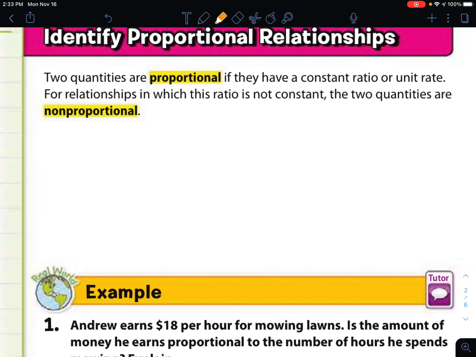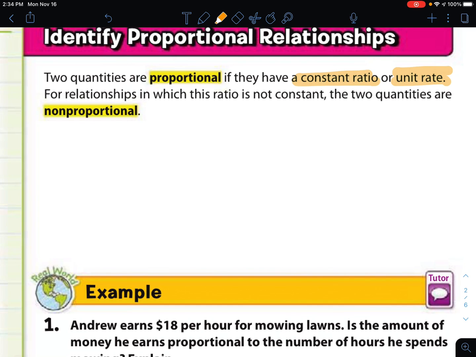Again, take a look at this. Two quantities are proportional if they have a constant ratio or a unit rate. If they have a constant ratio or unit rate, two quantities are said to be proportional.